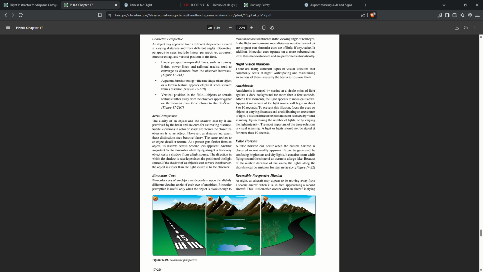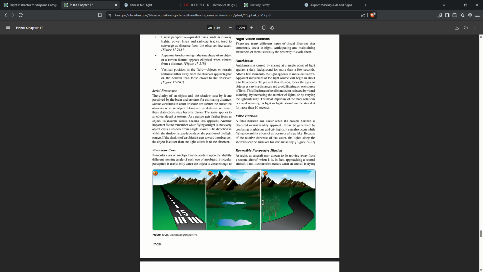Another night illusion is the false horizon. The natural horizon is obscured or not readily apparent. So when you see city lights, tall buildings, or you're flying towards the ocean, you might lose your sense of horizon, which, if you're flying VFR and focusing on that horizon, can throw you off. We have instruments in the aircraft that help us avoid this, but flying as a sole visual pilot, that's something we need to focus on.